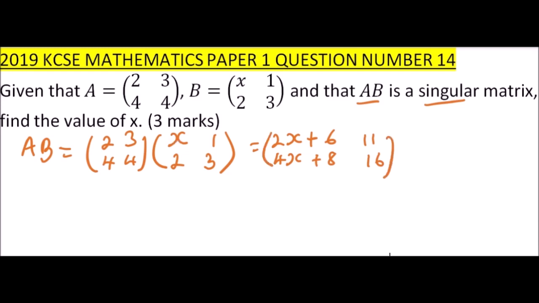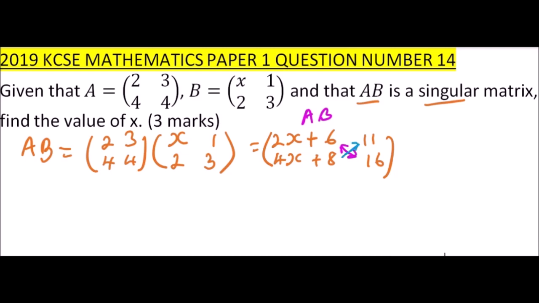From there, we are told that AB, the product, is a singular matrix. That means that its determinant is equal to 0. To get the determinant, we multiply the elements of the main diagonal, and we subtract the product of the elements of the other diagonal.